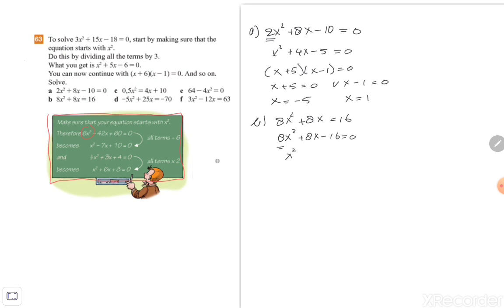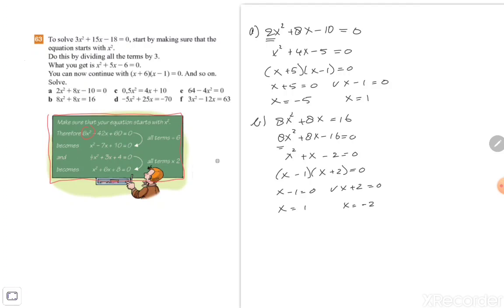Then you get x squared plus 1x, just x, minus 2 is equal with 0. So x minus 1 and x plus 2 is equal with 0. x minus 1 is 0 or x plus 2 is 0. So x is 1 or x is minus 2. There you go.